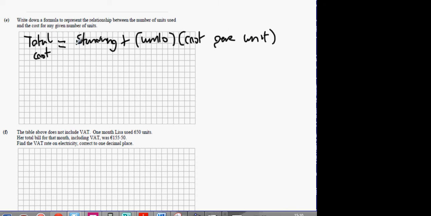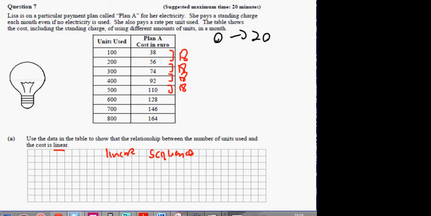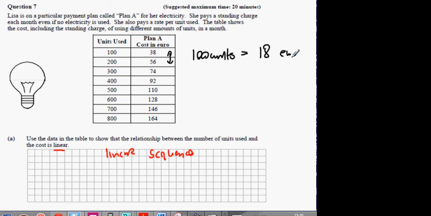Let's figure this out. When you use 100 units more, how much does your price go up by? So 100 units equals 18 euro. So how much does 1 unit equal? What's 18 divided by 100?